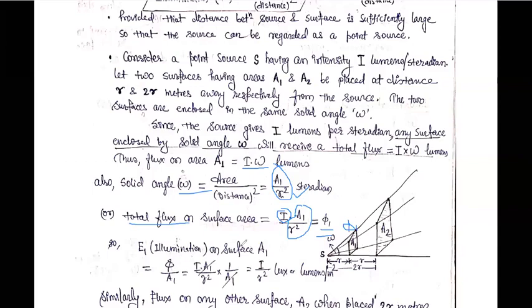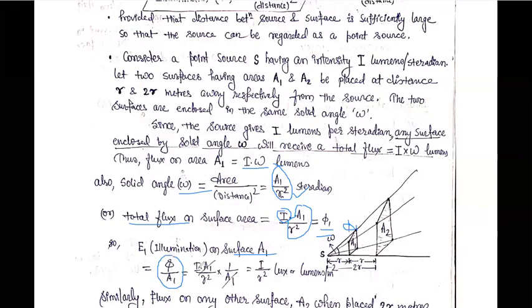So how can we write the illumination on the surface A1? This is equal to total flux divided by area, that is the illumination as per the definition. E1 at this surface is phi divided by A1.